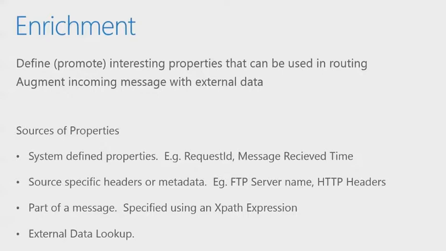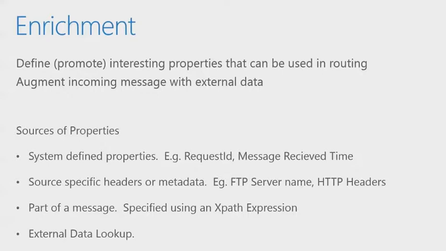So enrichment defines interesting properties that you want to use in your pipeline. Now, these interesting properties could be used for routing. To give specific examples, you may want to say that, okay, I have an incoming message, and I want to route. If the order size is greater than 1,000, I want to handle it differently, right?